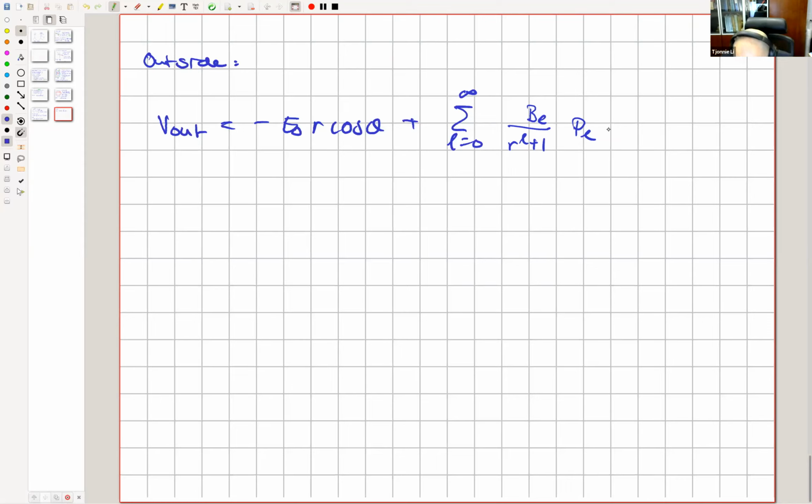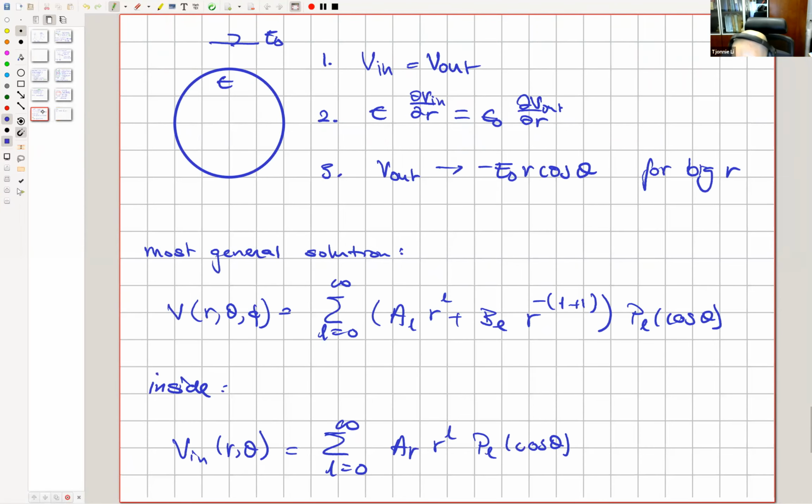Once I've set this up, it's fairly straightforward. I have my boundary conditions, and I have my most general form, and so I can just equate things with each other.